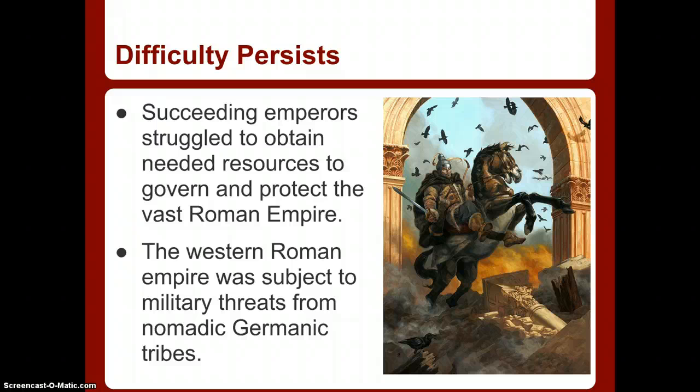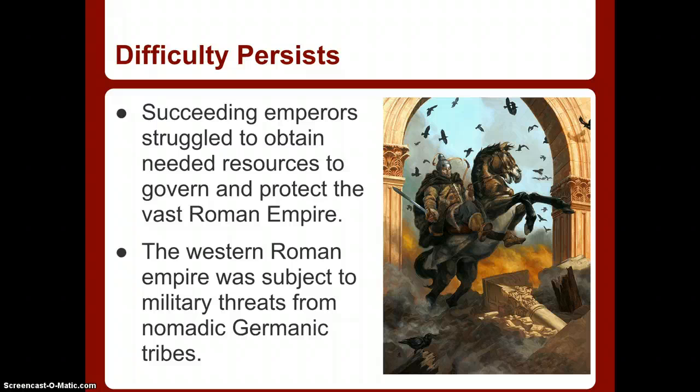Now, Constantine was a very able ruler. He does a lot of very good things in terms of policy and religious tolerance and so forth. We'll get into that later in this class. But after him and some other able-bodied rulers, the same problem persists. These emperors really struggled with the resources that were needed to govern and protect the Roman Empire.